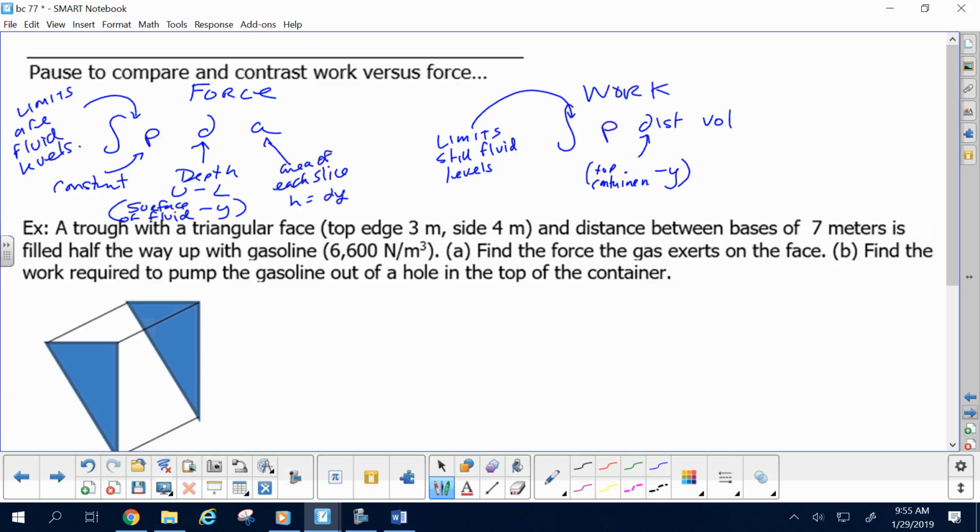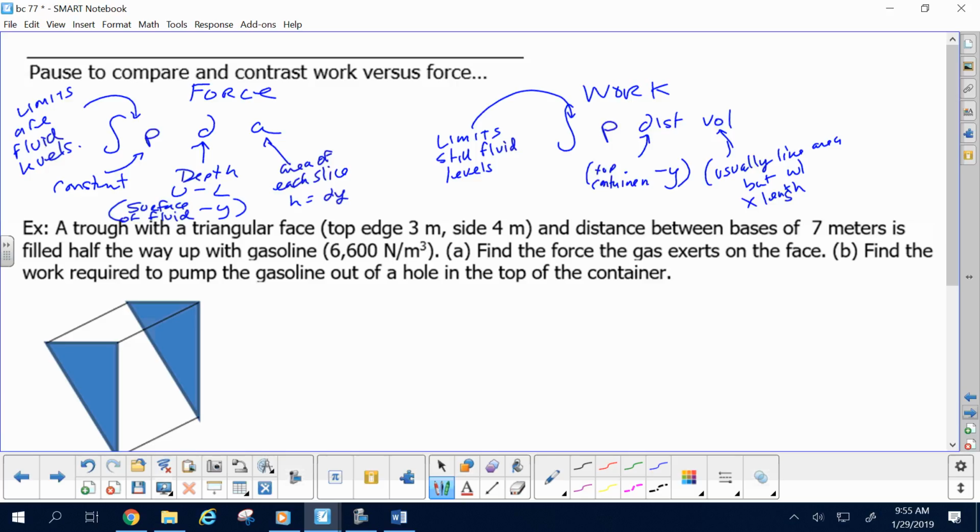You're not just pumping the fluid to the surface of the fluid and then dropping it. You're talking about pumping it to the top of the container and over. The volume then is usually like the area, but with a length thrown in as well, like the length of the trough or something, okay?